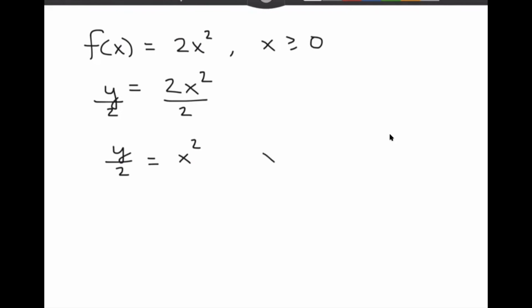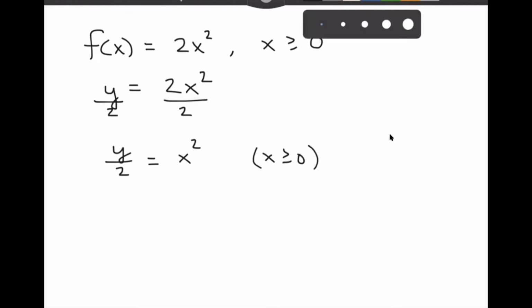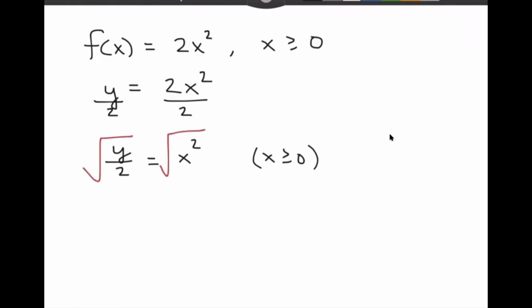Remember that x is greater than or equal to 0. Okay, so because x is greater than or equal to 0, I actually don't have to use the full square root property. If I didn't know that x was greater than or equal to 0, I would have to say that x is either the positive or negative square root of y over 2. But because we know that x is greater than or equal to 0, I can just do this. And I get that x is equal to the square root of y over 2.